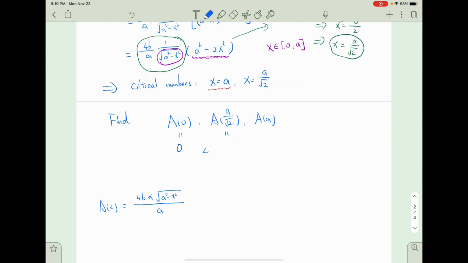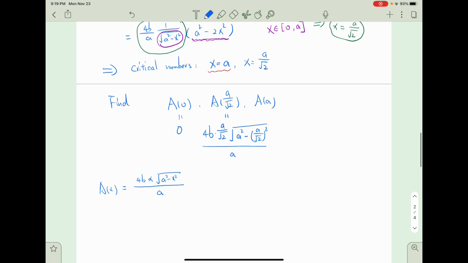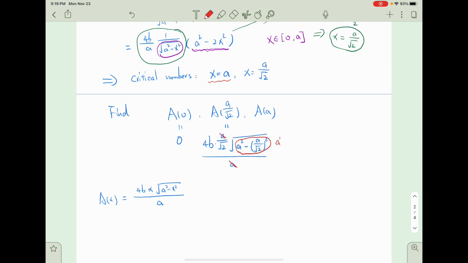So you have this 4b times a over square root of 2, right, times there's a squared minus a over square root of 2 bracket square over this a, right? This a cancels with this a, and then you can find that the thing underneath the square root is a squared over 2.